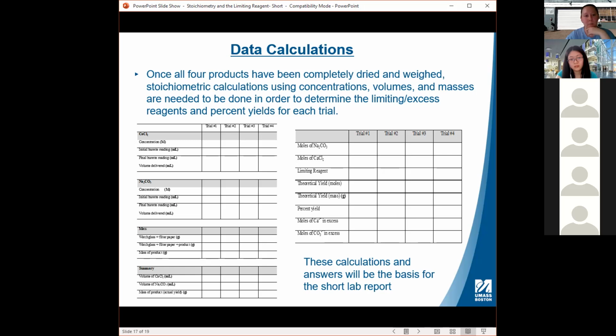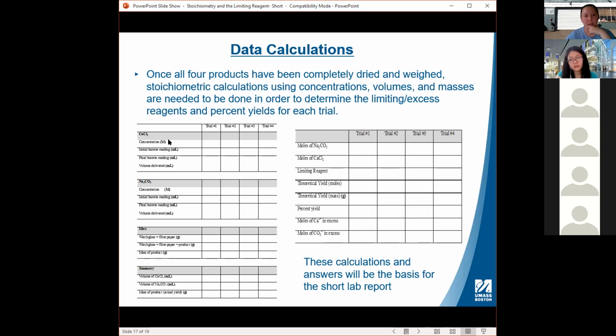Now, in our experiment, we don't have grams, and we're not using molar mass. We have concentrations. M, molar, stands for moles per liter. So instead of molar mass, we're using concentrations, and instead of grams, we're using milliliters. So we need to convert all of our starting milliliters to moles.